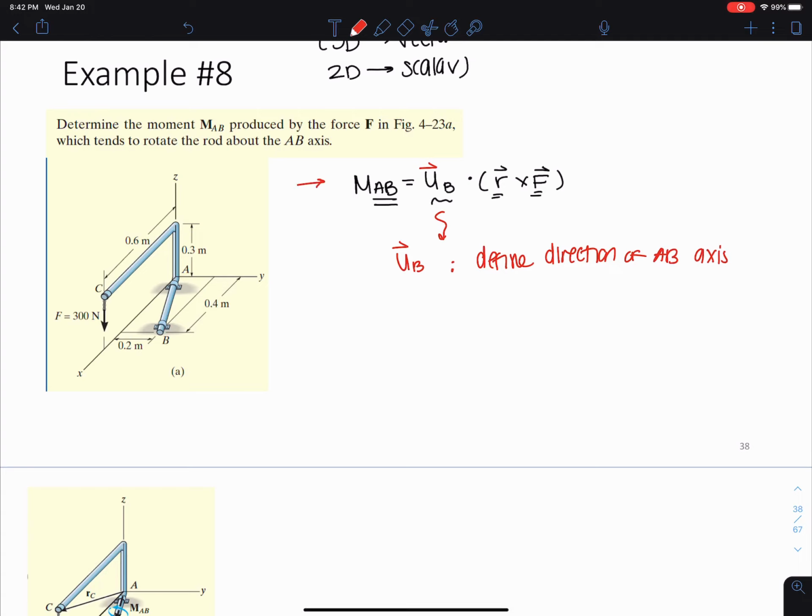Okay, so what does UB have to equal? The unit vector at B needs to be equal to the position vector divided by the magnitude of the position vector.